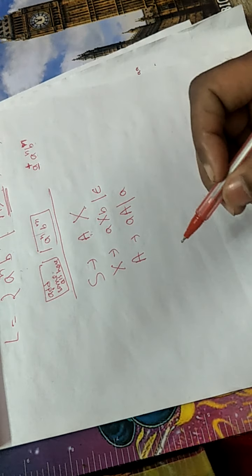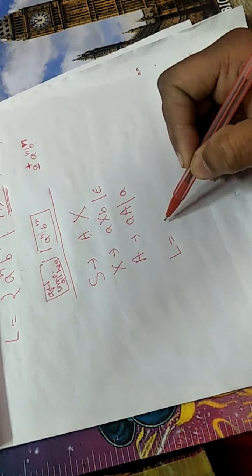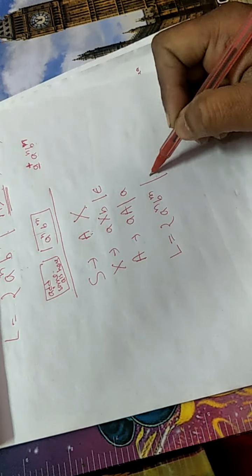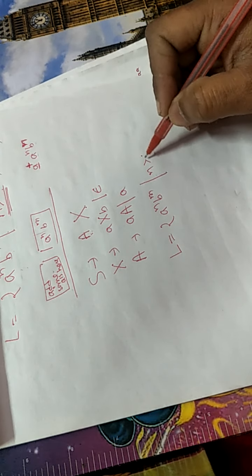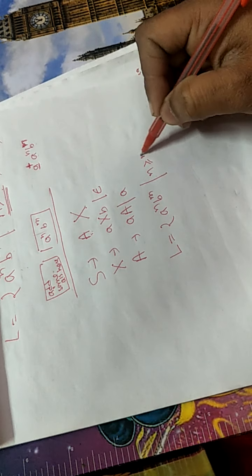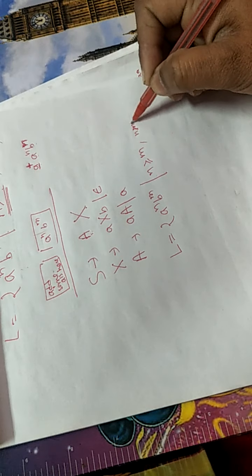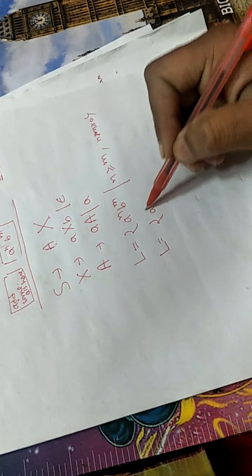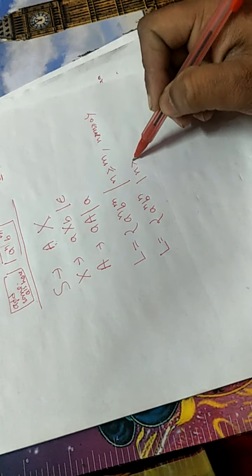So there is an exercise for all of you: write the grammar for a^n b^m, n greater than or equal to m, where n, m are greater than or equal to 0. Write the grammar for a^n b^n where n is greater than or equal to 1.